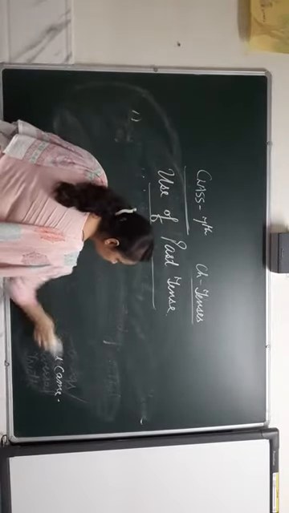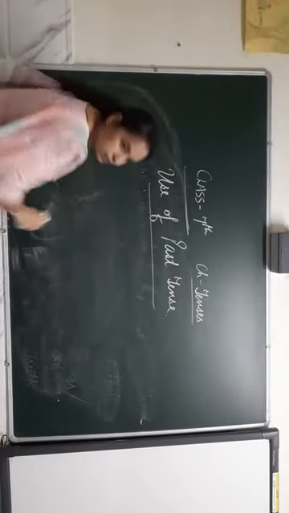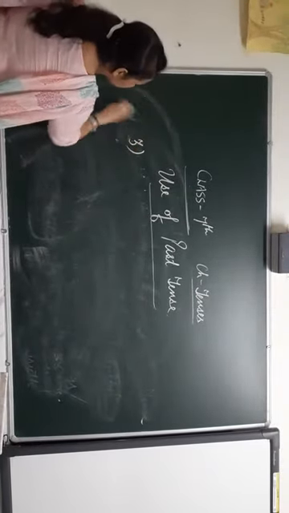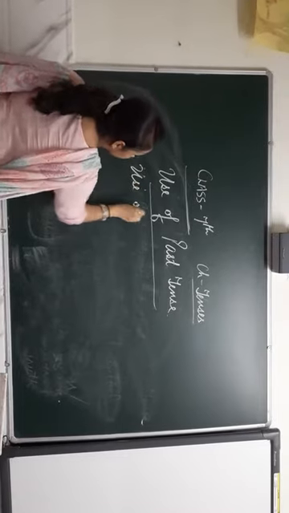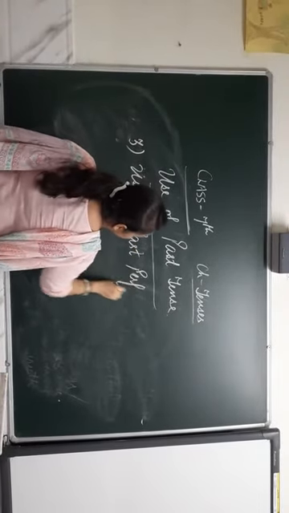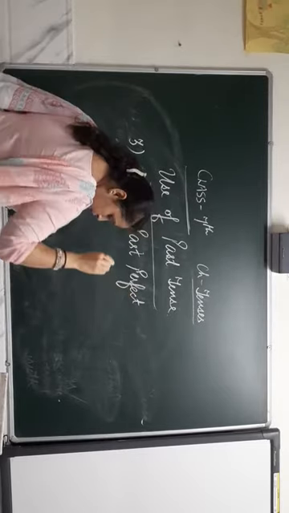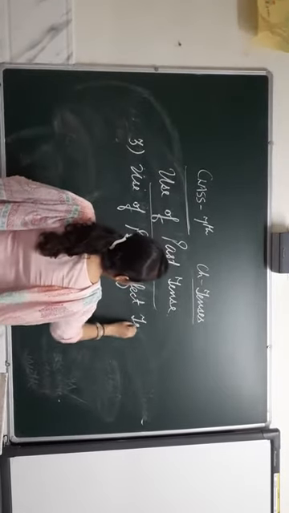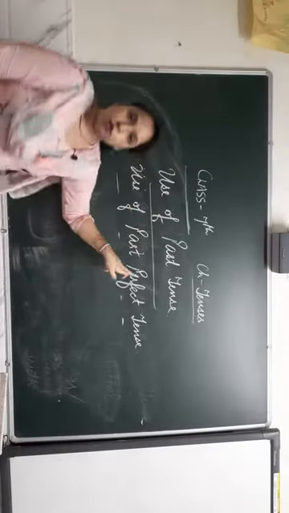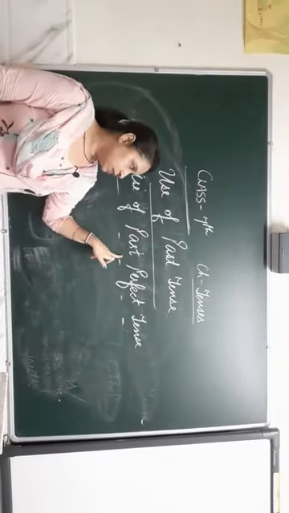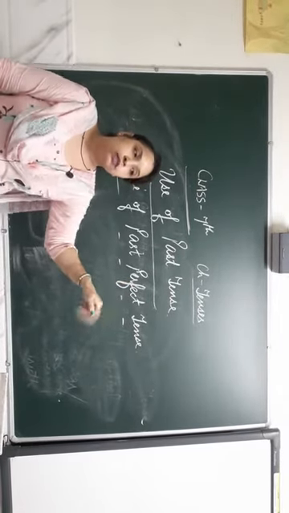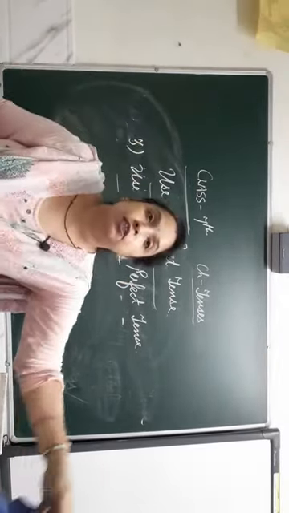Now we will see the use of past perfect tense. The third one is the use of past perfect tense. So how will we use this past perfect tense? As I already told you, perfect tense shows completion. It shows the completion of something, completion of work.